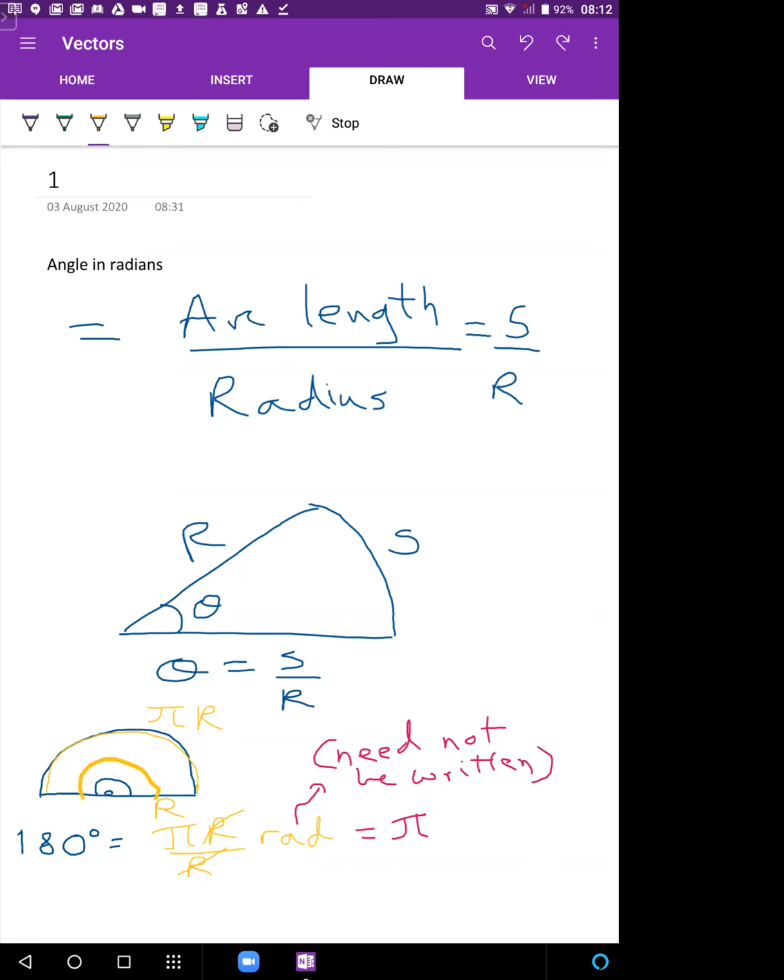You take a smaller arc, circumference will be lesser, arc length will be lesser, radius will be lesser, but the ratio will always be pi. है ना? So 180 degrees के लिए ये ratio हमेशा पाई आता है. And that is the way angle in radians is defined. So angle in radians in this case is pi radians. ठीक है?